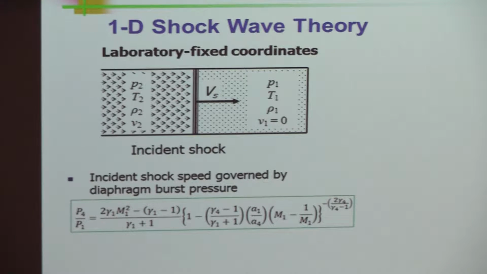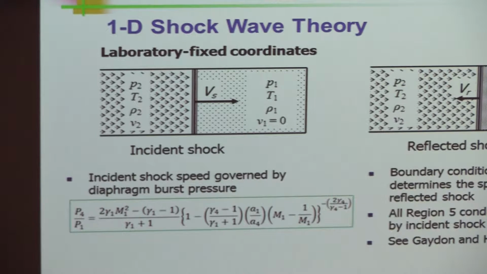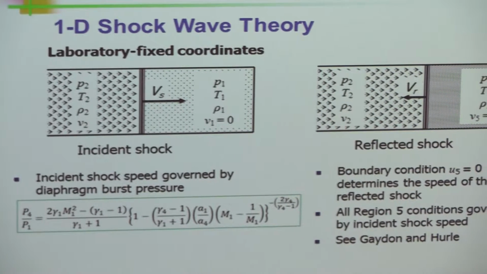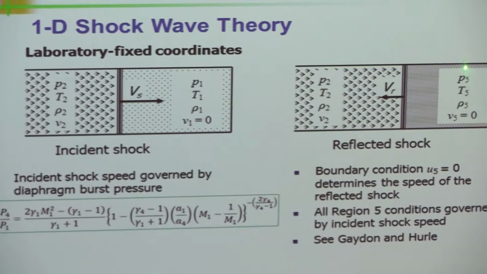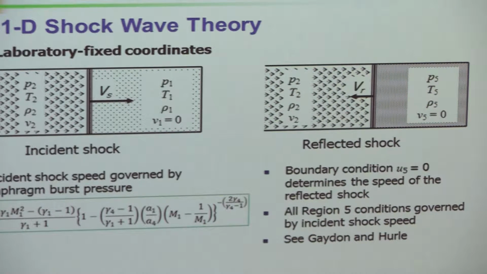And if it's a gas with constant specific heat ratio gamma, you can calculate, for the initial high pressure region P4 and the test gas pressure P1, the properties of this device. When the shock wave reflects, you can also calculate very accurately these conditions here. Velocity is 0, and you can calculate the so-called P5, T5, rho 5 properties this way.